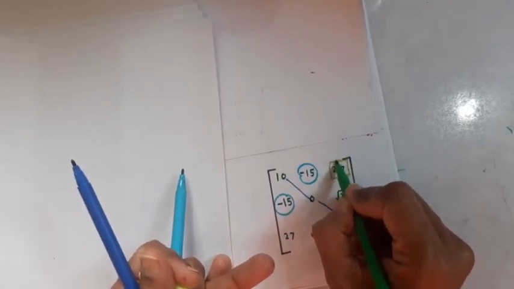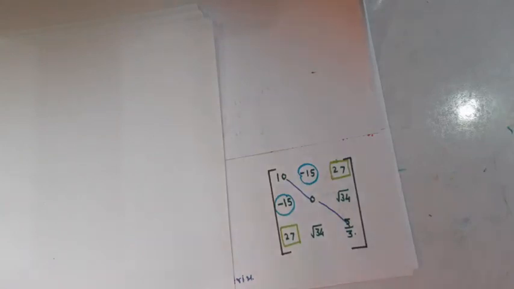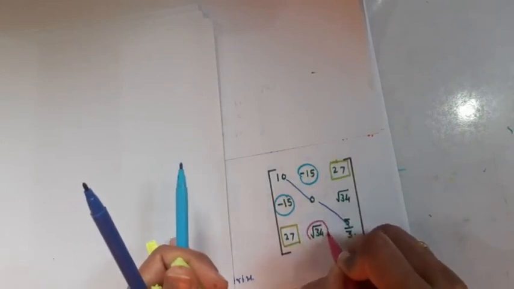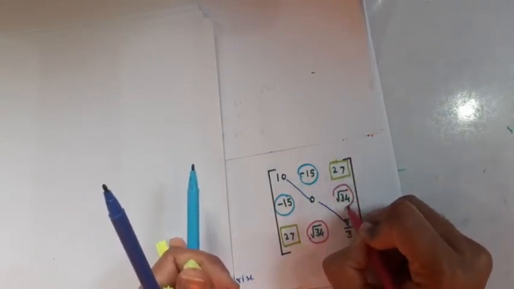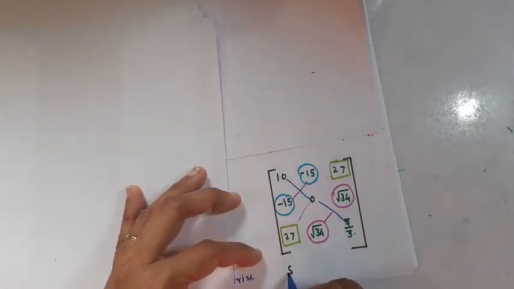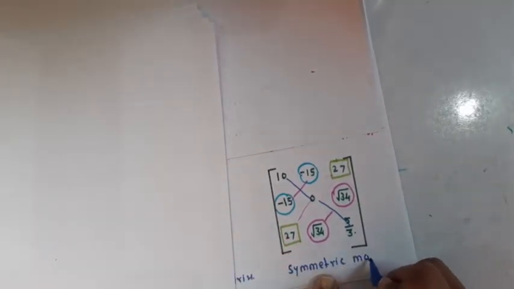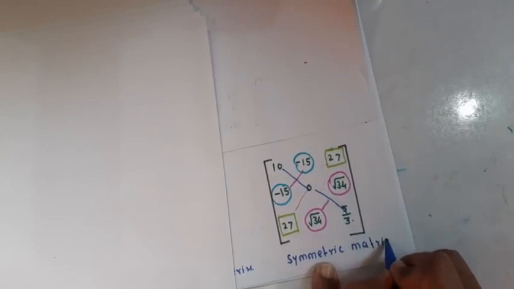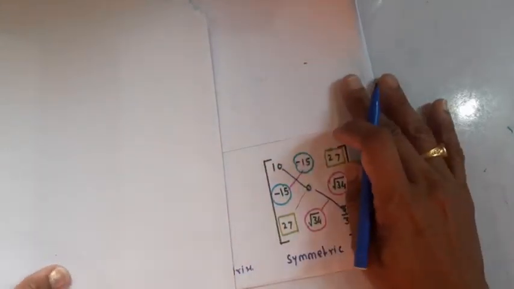This is the same as this, this is the same as this, and the square root of 34 is the same as the square root of 34. Means these elements are symmetric. That's why the matrix is a symmetric matrix.